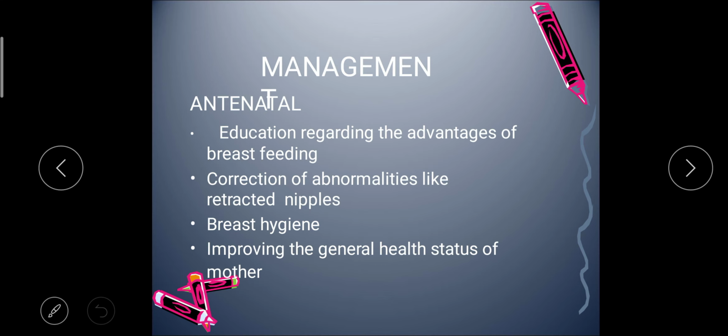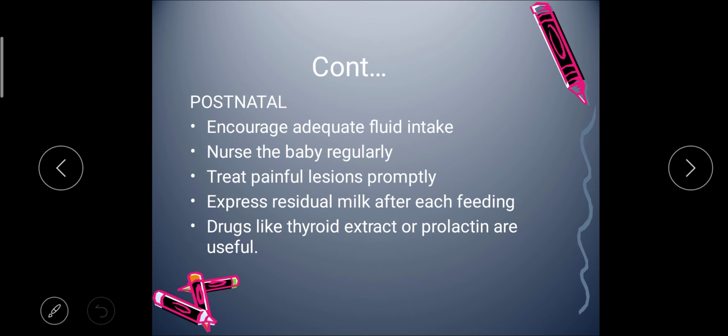Management: during the antenatal period, educate the mother regarding the advantages of breastfeeding, correct abnormalities like retracted nipples, maintain breast hygiene, and improve the general health status of the mother. During the postnatal period, encourage adequate fluid intake for the mother, nurse the baby regularly, treat painful lesions promptly, express the residual milk after each feeding, and drugs like thyroid extract or prolactin are useful.